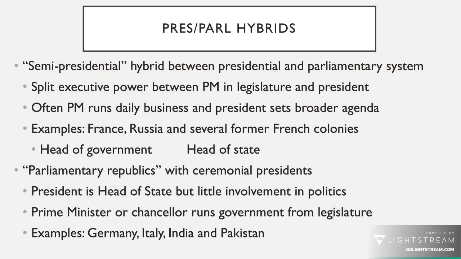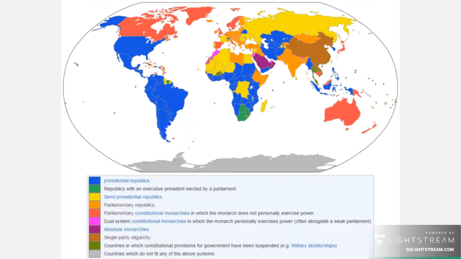And it's really the prime minister or the chancellor who runs the government from the legislature. So probably everybody knows that Germany has a chancellor, Angela Merkel, and the chancellor role basically means prime minister. But Germany also has a president who's the head of state, but clearly not nearly the direct authority of Angela Merkel. And so this is just a fun little map showing the differences.